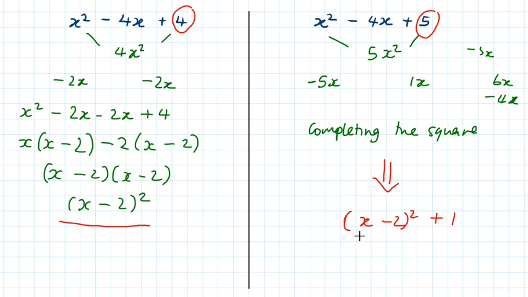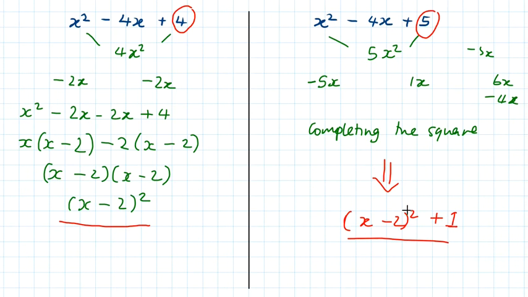Don't worry about how we got here. I will explain to you how we got our final result. But for now, I want us to compare these two results. The difference between these two results is that for this final result, we added a 1, and if you expand it, you get x squared minus 4x plus 5.